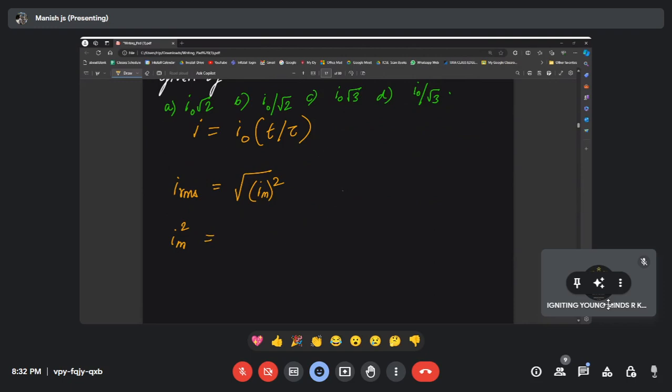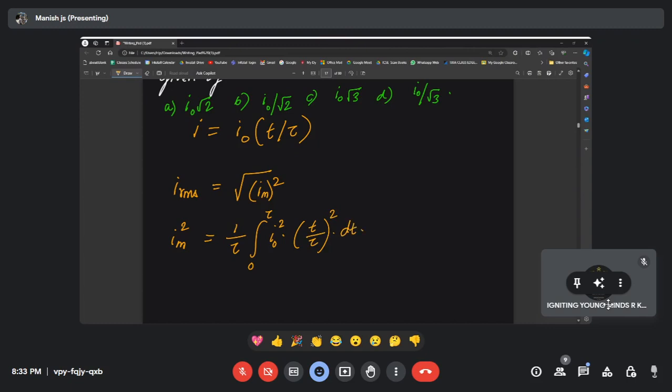Whenever you substitute, as I told you, you remove all the constant terms outside. First I'll write the general expression: 1 upon tau, integration, with limits from 0 to tau because time goes from t equal to 0 to t equal to tau, of I naught square times t upon tau the whole square, dt.